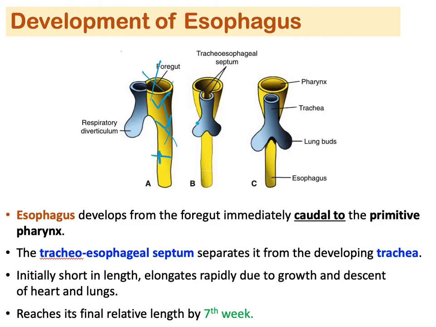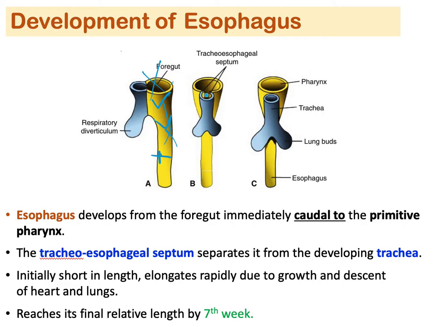Now, of course, because of its location related to the respiratory diverticulum and trachea, that will later form the trachea, bronchi, lung, and so forth, a septum should be formed here between the trachea and esophagus.